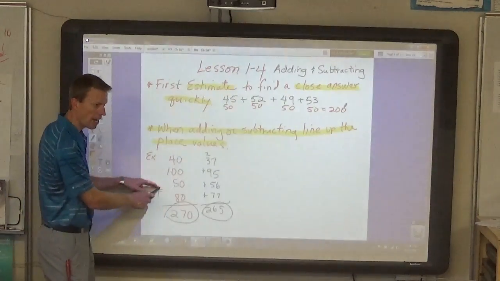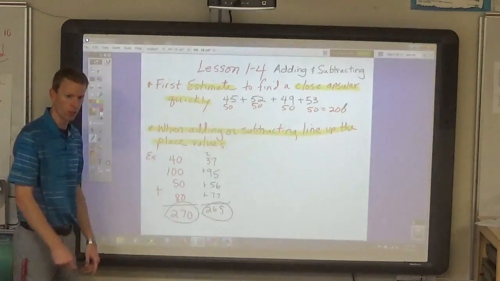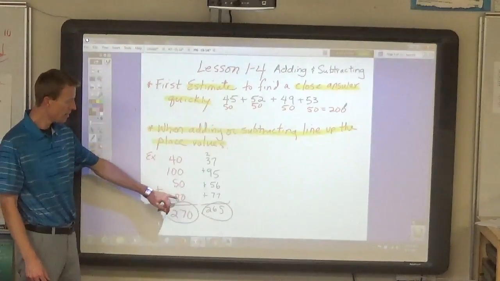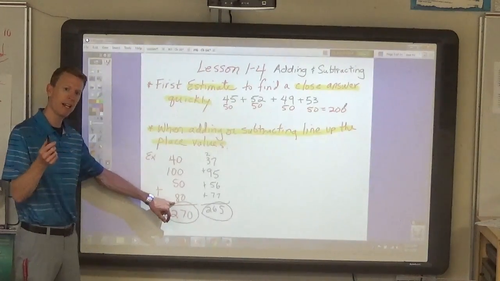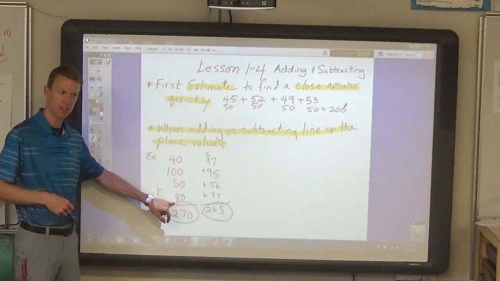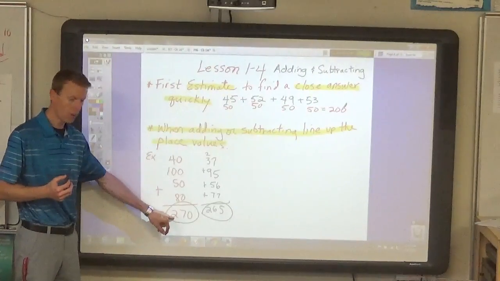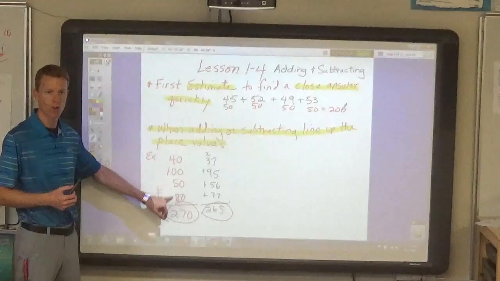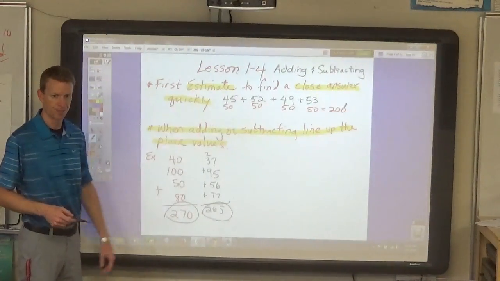Or we could add them in different ways. You could add 40 plus 50 first, which is 90. And 90 plus 80, 9 plus 8 is 17, so 90 plus 80 is 170. And then add the 100, and 170 plus 100 is 270. Whenever you're doing addition, you can add them in a different order, can't you? That'll help you to get a close answer.